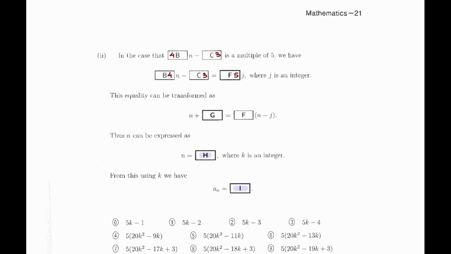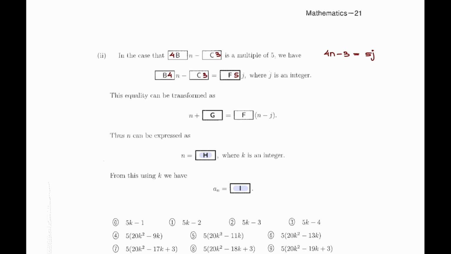Let me write down the equation first. I have 4n minus 3 is equals to 5j. That means if I see this form, I need to rearrange the equation first.